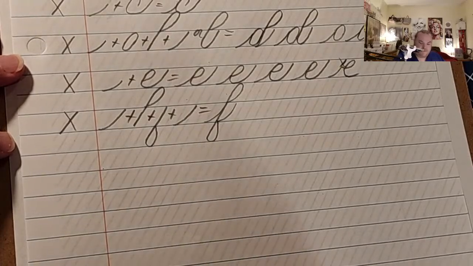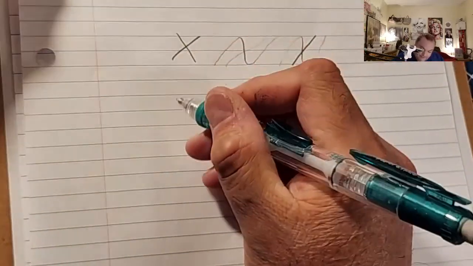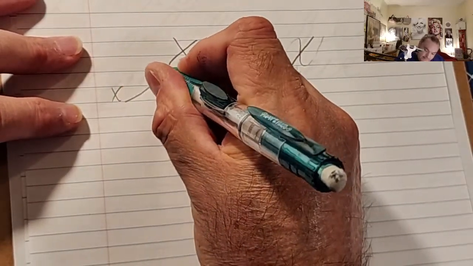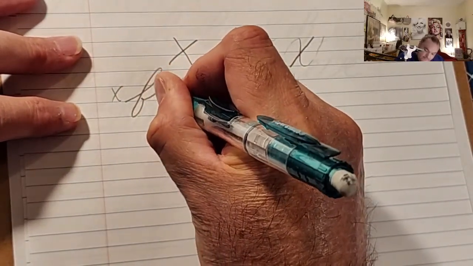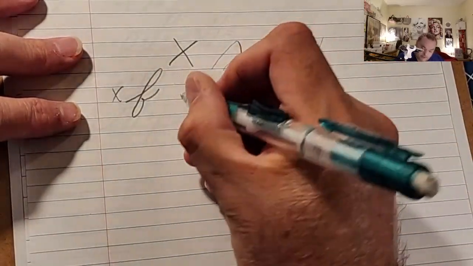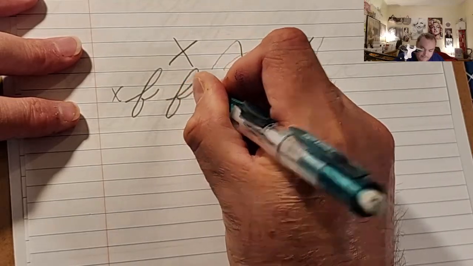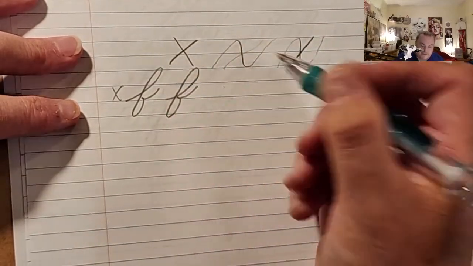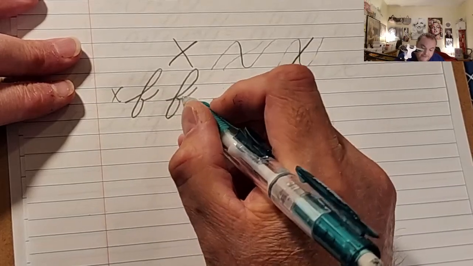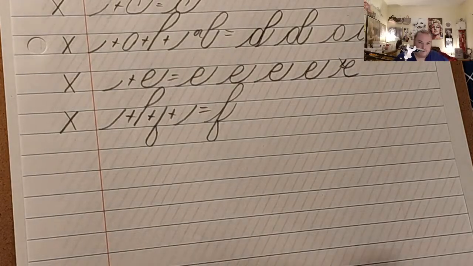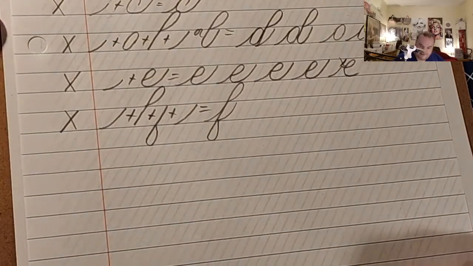Now this is different from cursive, because when we do cursive, it looks like this. Right? We're used to seeing that, where it comes up through like this, but this is where calligraphy differentiates from cursive. You want it to look a little weird. It does look a little weird.